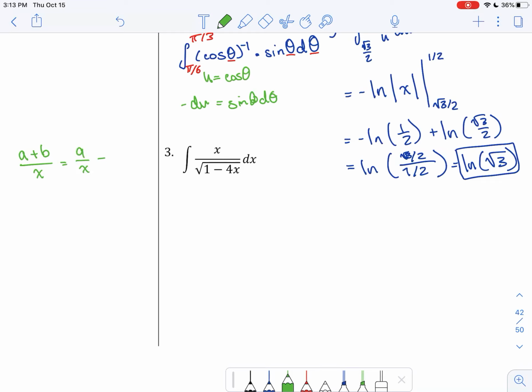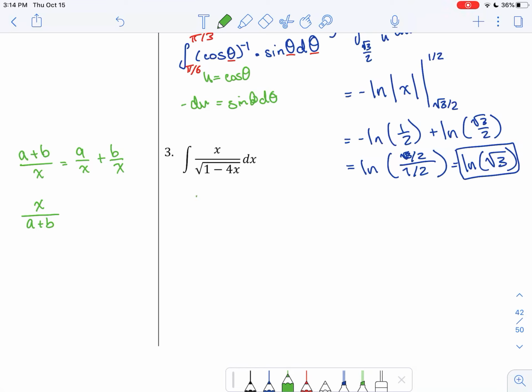That can be a over x plus b over x. That's great. However, if I have x over a plus b, that's as far as I can divide. I can't actually do anything else. So u-substitution can help us change where that subtraction is happening, and I'll show you how.